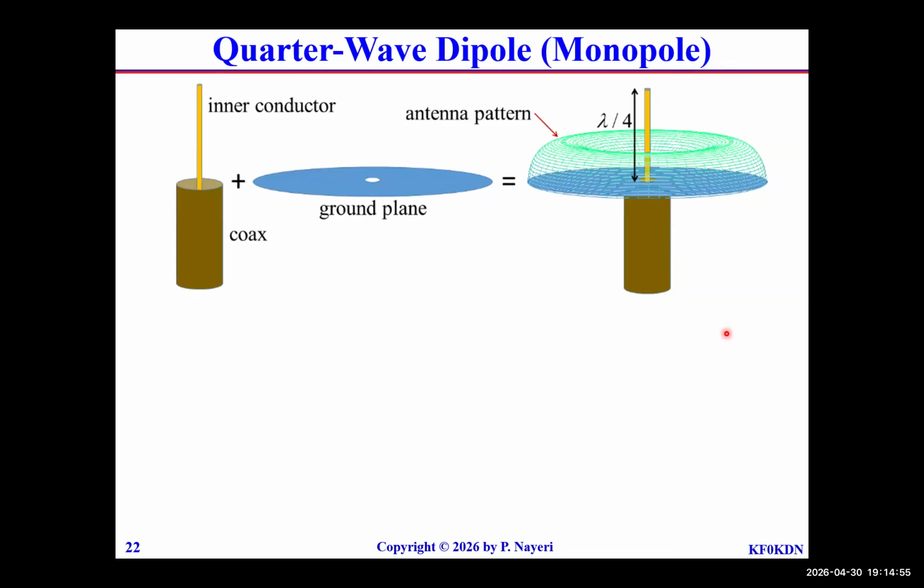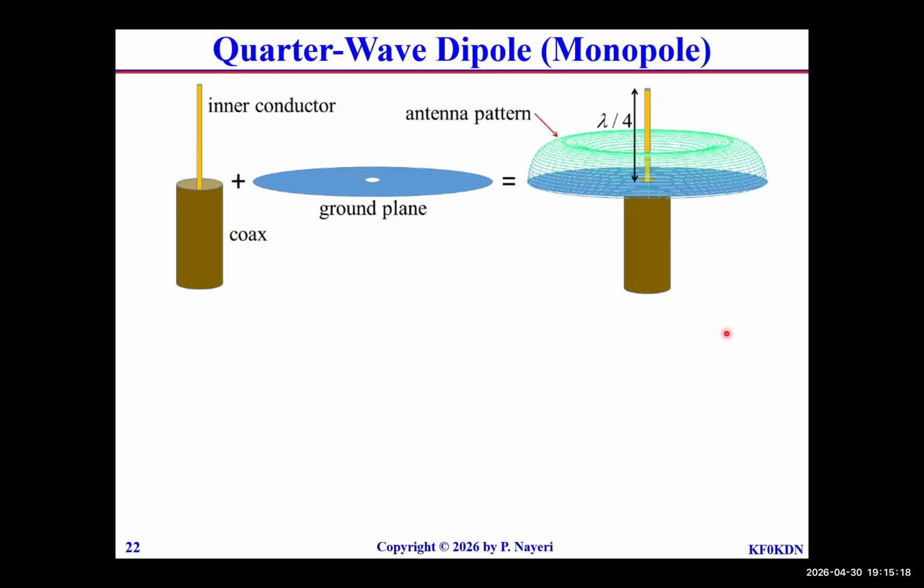So this would allow, for example, at your observation point, this is how it's going to look. These signals would add up in phase, and it would create basically a dipole type radiation pattern.